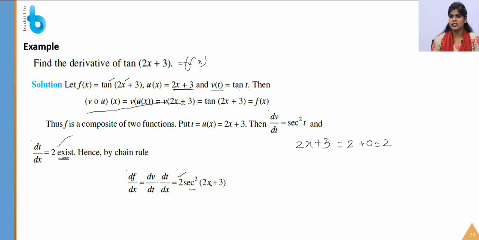Substitute that, and secant square t, where t is 2x plus 3, and this is the solution. Actually this is a bit tougher method, but this is what is given in your book. We have an easier way to use the chain rule here. We will see that now.